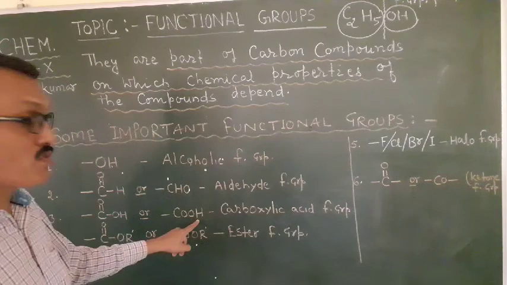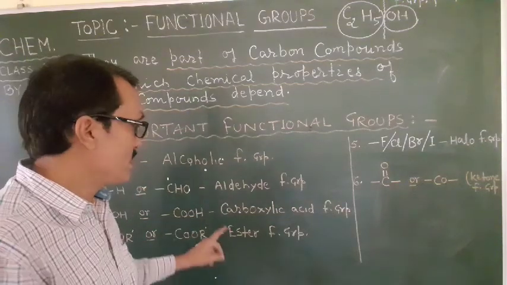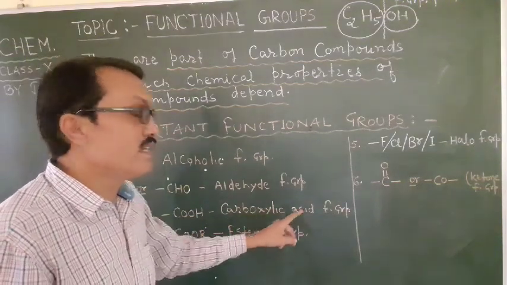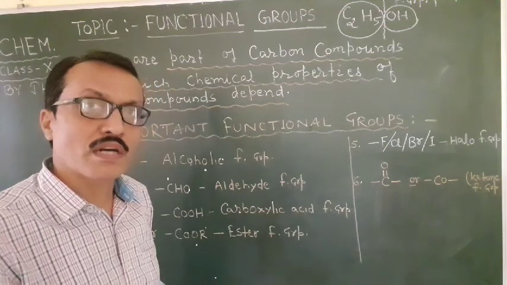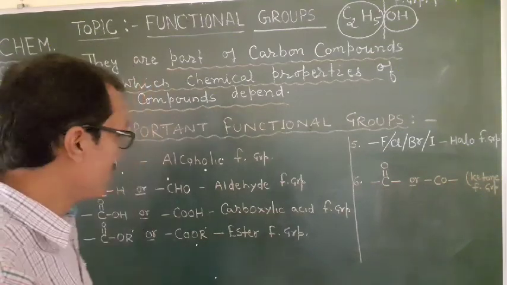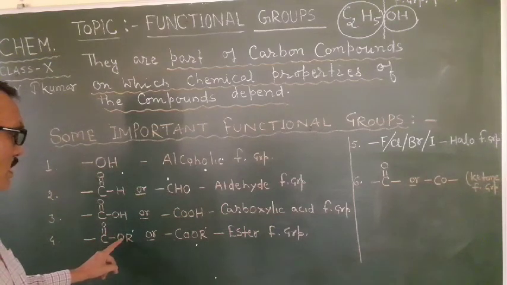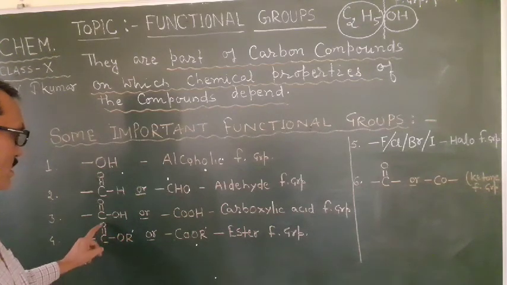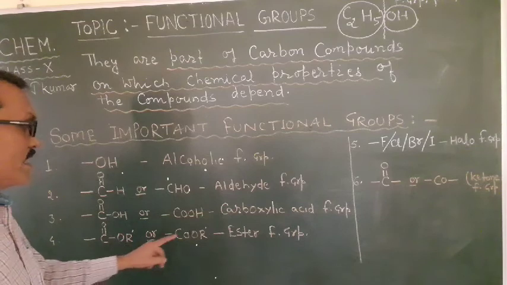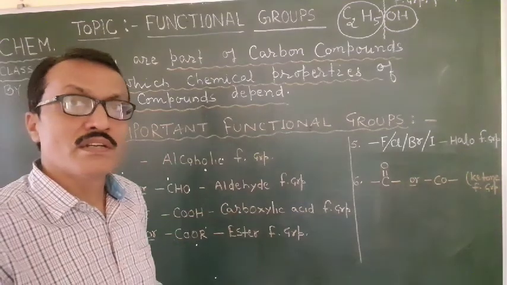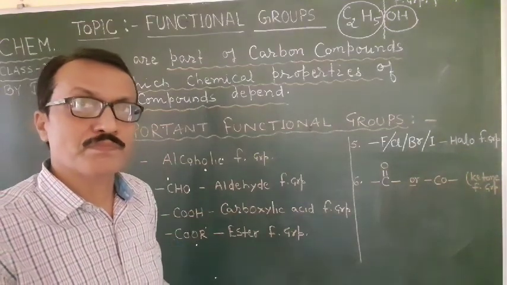COOH. And students, this functional group is known as the carboxylic acid functional group. Carboxylic acid functional group. And next, COOR dash. COOR dash. And this is known as the ester functional group.